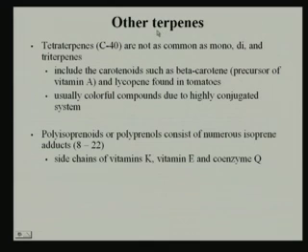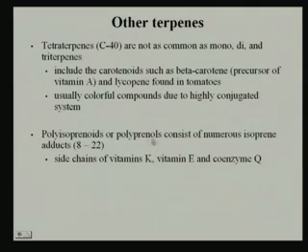If we see the other terpenes, then tetraterpenes are also present, where the total number of carbon atoms is 40, and are not as common as mono, di and triterpenes. It includes the carotenoids such as beta carotene as a precursor of vitamin A, or lycopene of the tomatoes. Lycopene is the color component, usually a colorful compound due to highly conjugated systems.